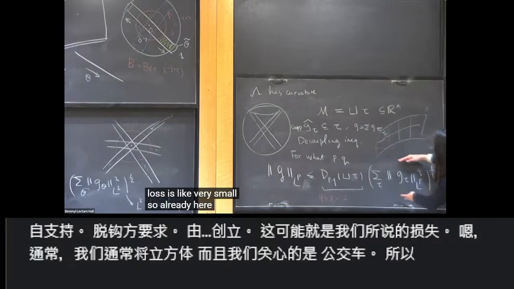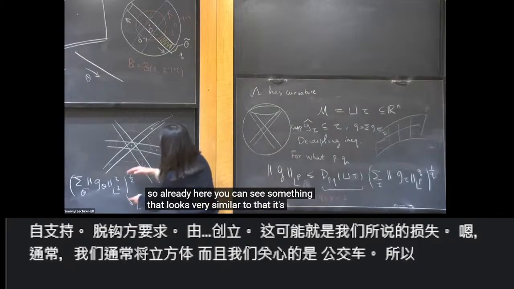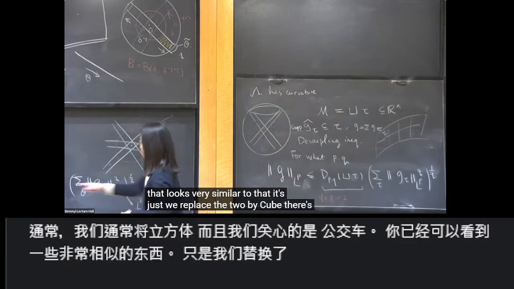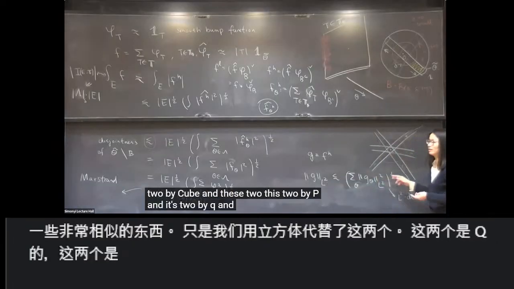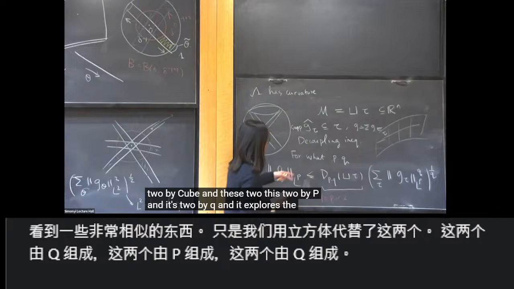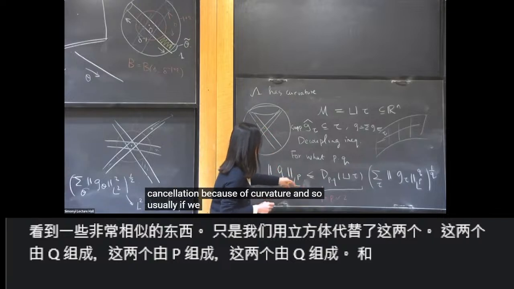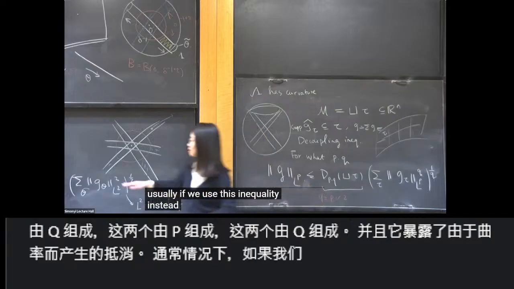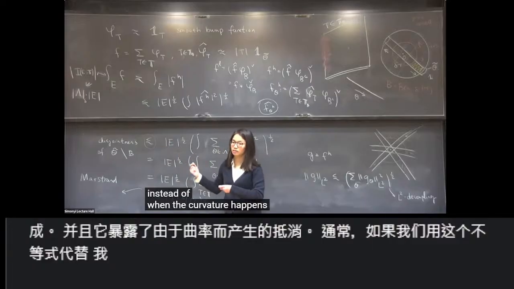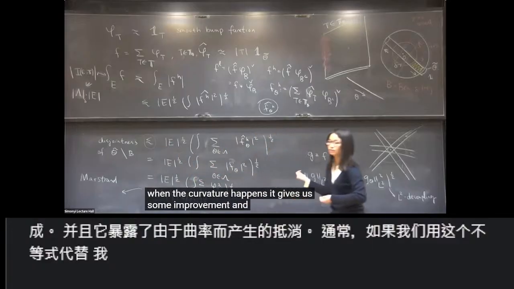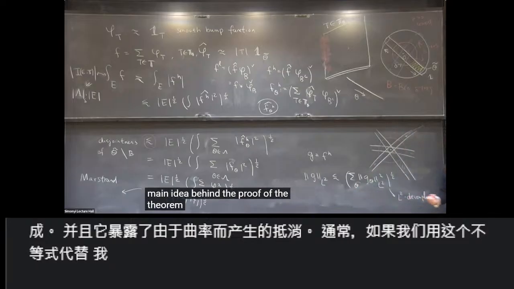So already here you can see something that looks very similar to that. It's just we replace the 2 by Q, this 2 by P, and this 2 by Q. And it exploits the cancellation because of curvature. And so usually if we use this inequality instead of that, when the curvature happens, it gives us some improvement. And that's the main idea behind the proof of the theorem.